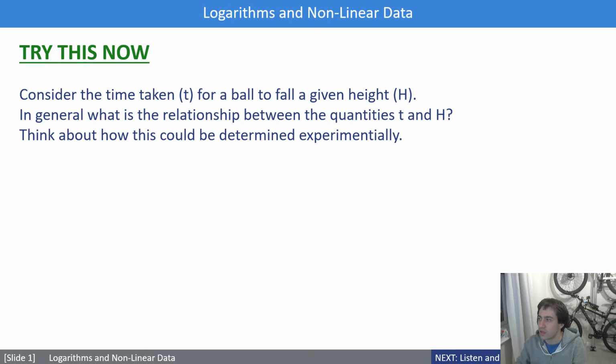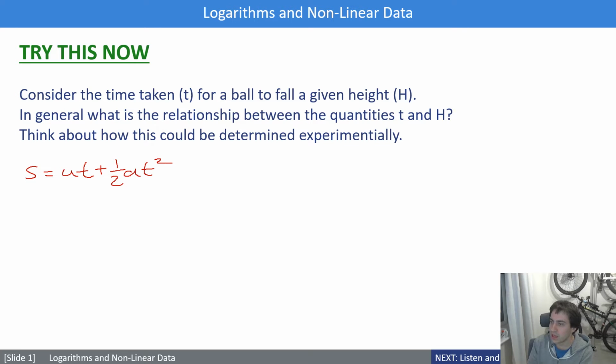Okay, so let's first find the actual answer, and we can do this because we know about mechanics. So we're going to use a bit of SUVAT actually. This isn't a mechanics lesson, but it is relevant for this particular question. If we remember, we've got the equation s equals ut plus half at squared.